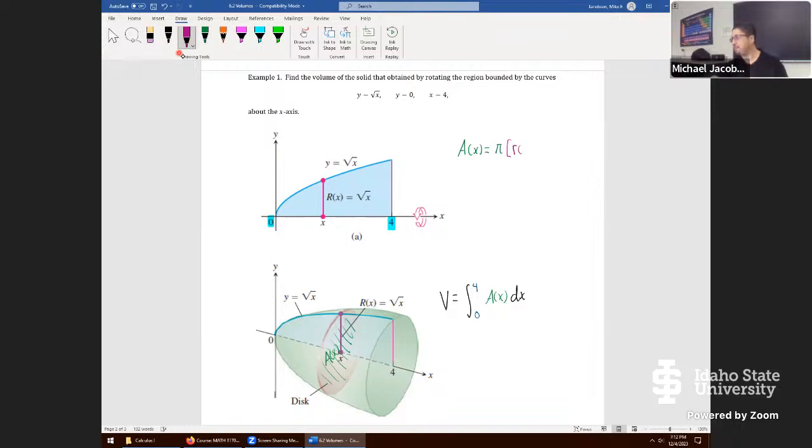Try to fix my penmanship here. To the power of 2. So this is the formula for the area of a circle, pi times radius squared. But just like the area depends on x, so does the radius. So now we need to move backwards even another step. Exactly, we get it right off this diagram.